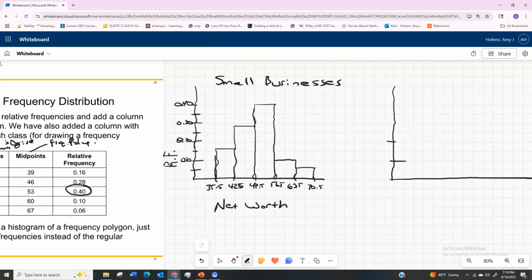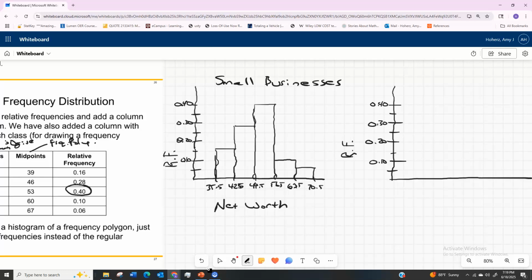So 10%, 0.1, 0.2, 0.3, 0.4. We can still label this side as relative frequency.